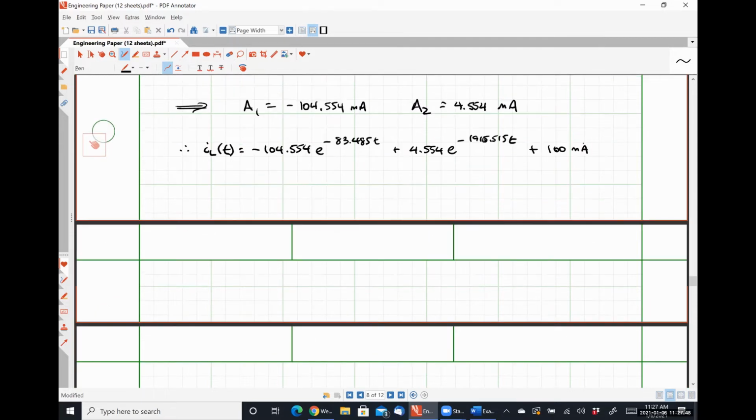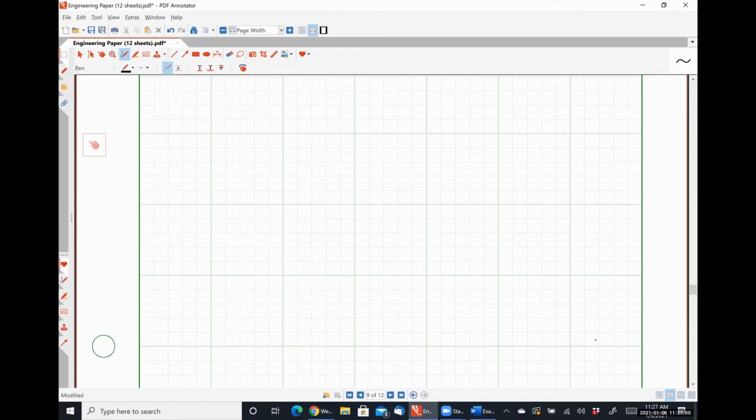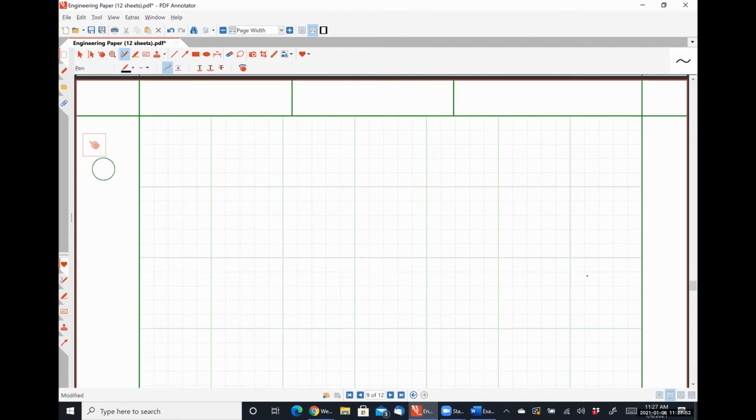So we're going to revisit a couple of things real quick, because I want to show you something. So let's revisit, in effect, the parallel RLC circuit, okay?